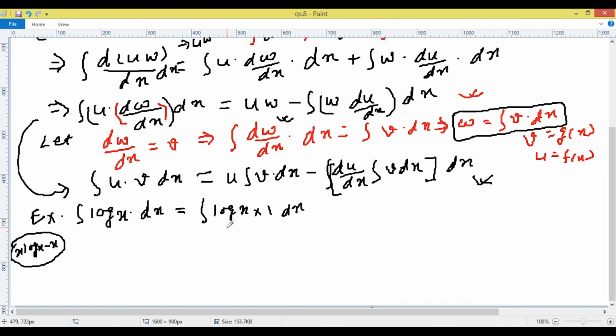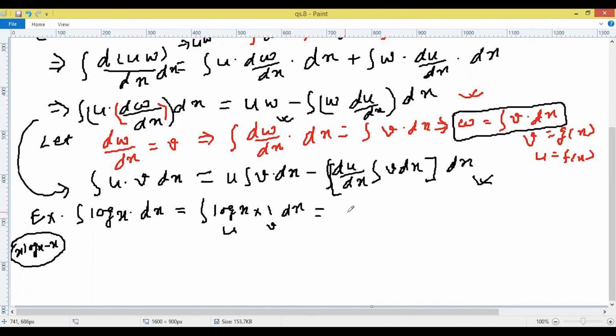Suppose u is log x and v is 1. You require skill or effort, I would say, to decide whether to put log x as u or v. It depends. If I'm applying this formula, in place of u there is log x, in place of v there is 1, as I have supposed here. If it doesn't work, we have to flip.